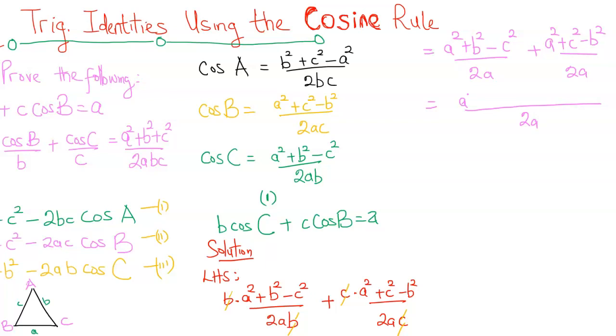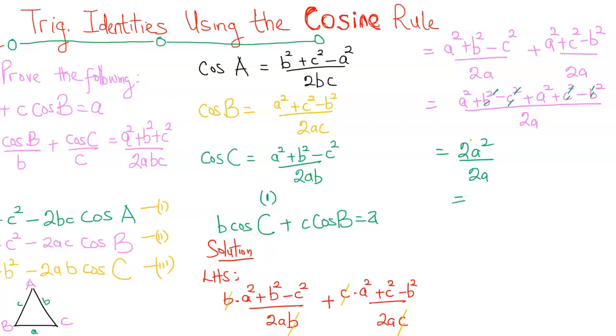That gives a squared plus b squared minus c squared, then plus a squared plus c squared minus b squared. This is going to be equal to a squared plus a squared, that's 2a squared. b squared minus b squared, that's gone. Negative c squared plus c squared, that's also gone. So I've got that over 2a.